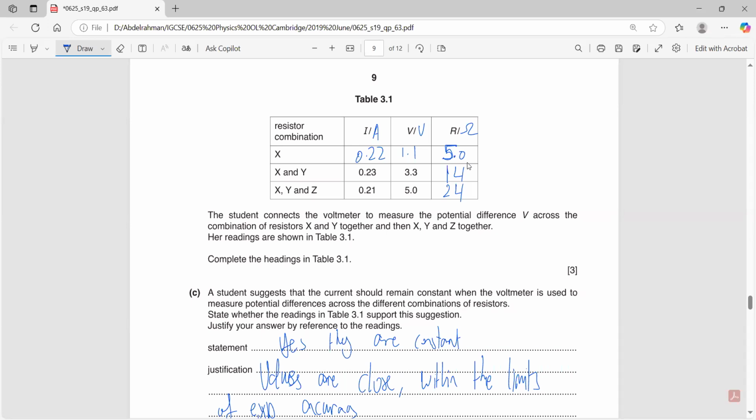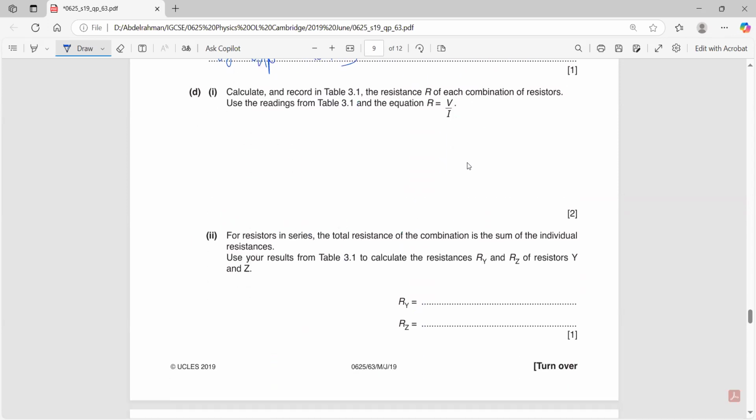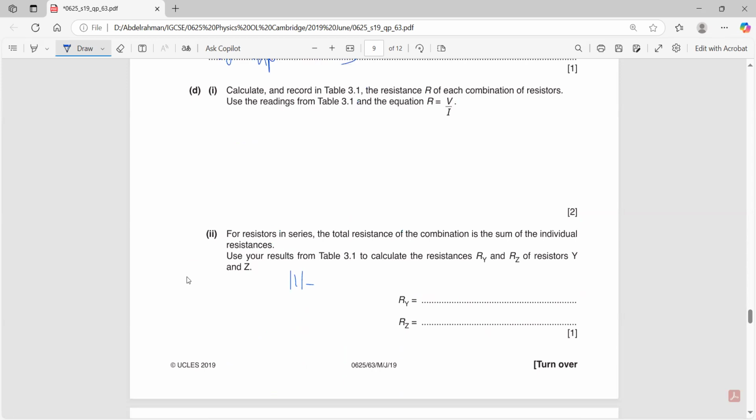Is Y 14? No, Y is not 14. Y is 14 minus 5, because this is the combination of X plus Y. So if X is 5, then Y would be 14 minus 5, which is 9.